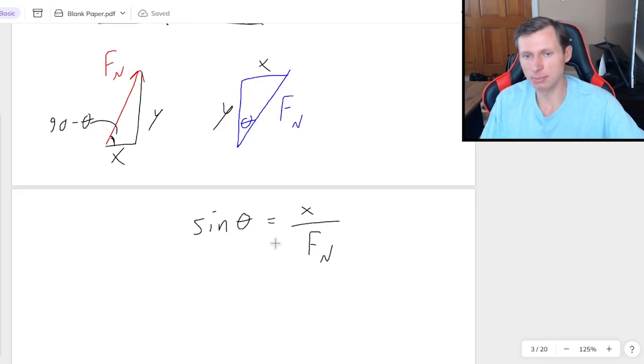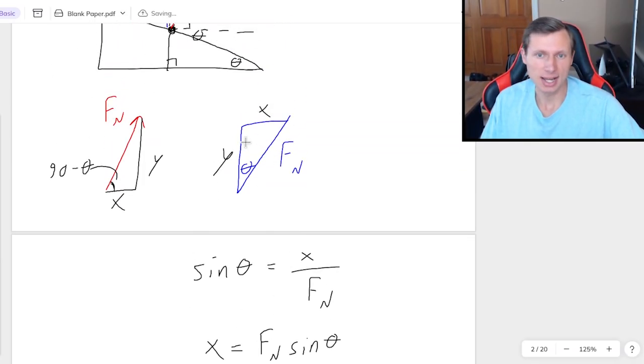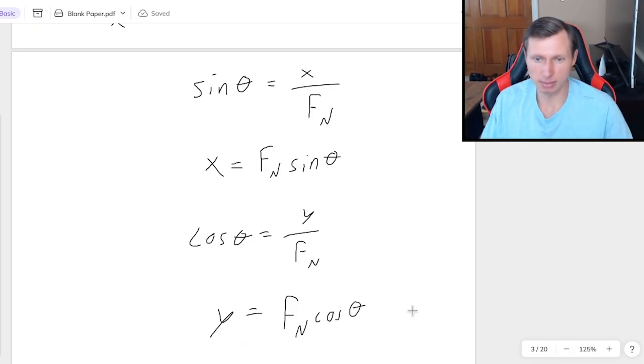Meaning, if I multiply both sides by the normal force, Fn, then x is going to equal Fn sine theta. And then for y, that's basically going to be the same thing except for cosine, because cosine theta equals adjacent over hypotenuse, and the adjacent leg is y. So y over Fn, and again multiply both sides by Fn, and there, I have my x and y components.